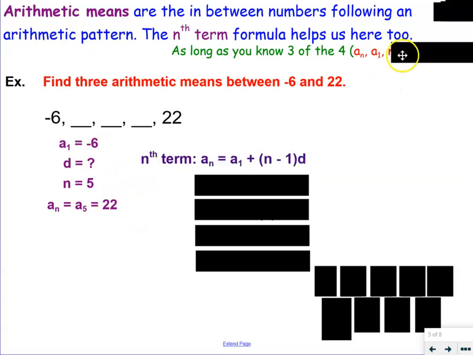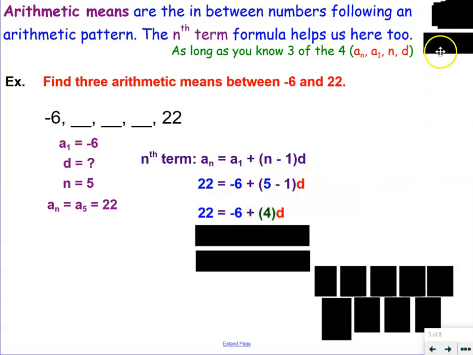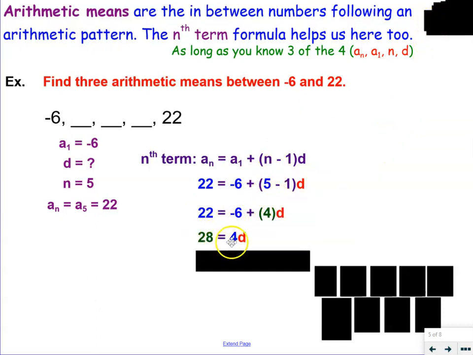So I'm going to plug them into the formula. The last term is 22. The first term is -6. The number of terms n is 5. And then we don't know what d is. Simplify this. 5 minus 1 is 4. Then I'm going to move the -6 by adding it to make it 28. Then I divide by 4 to get 7. We now know that d is 7. It's positive, means we're adding. So we're starting with -6.